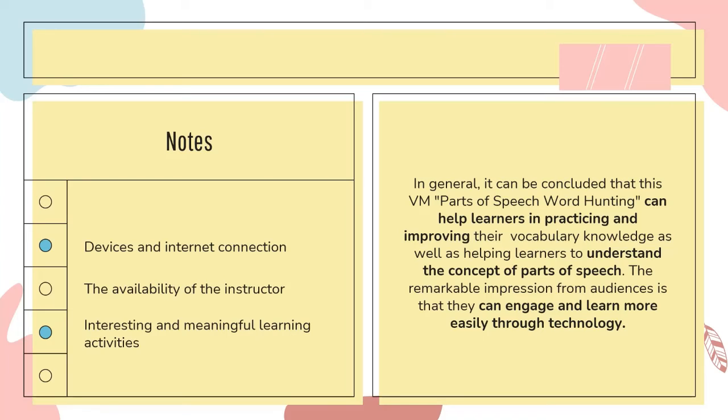This is proved by the result of the survey, in which most of the average values show a positive move to the agree or strongly agree position, even though some questions still have low values, which means that the virtual manipulative still needs improvement in that specific area, such as the quality of the features.